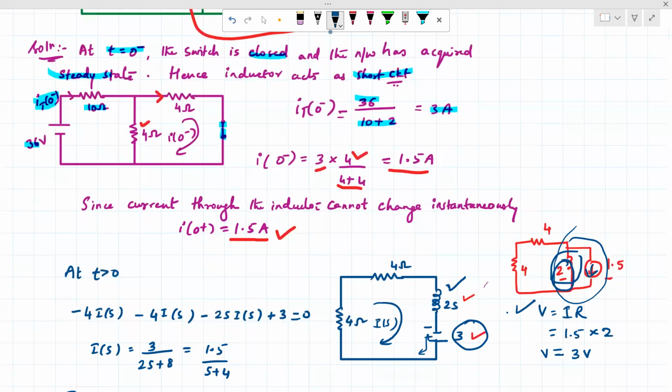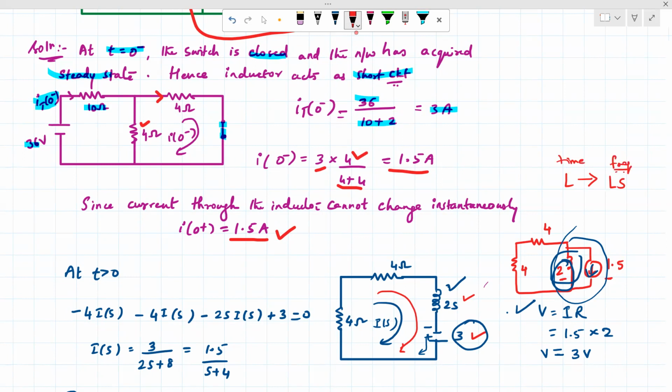And now we will apply the KVL in order to calculate the current I of s. For that we will convert the circuit from the time domain into the frequency domain. As I told you, the value of L in the time domain will change to Ls in the frequency domain.